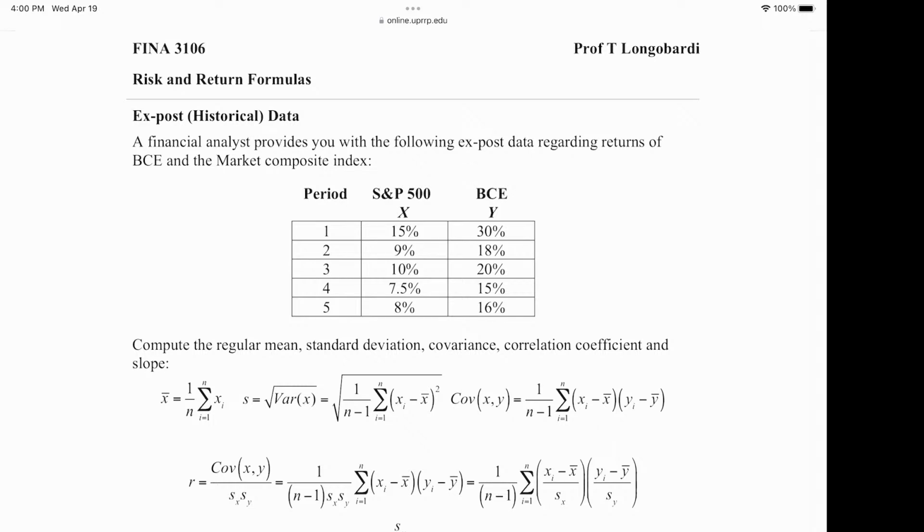So follow my lead. Okay, so my question was, is there a reason why S&P 500 is X and BCE is Y? Do you know? Did you finish the review of statistics?